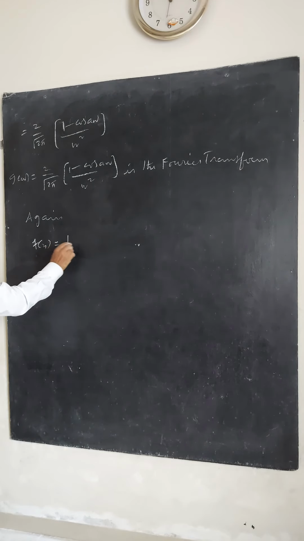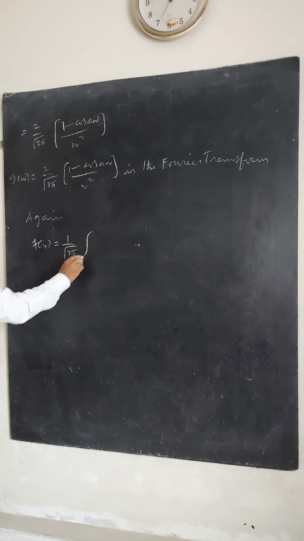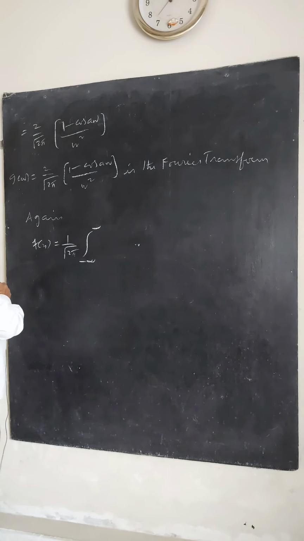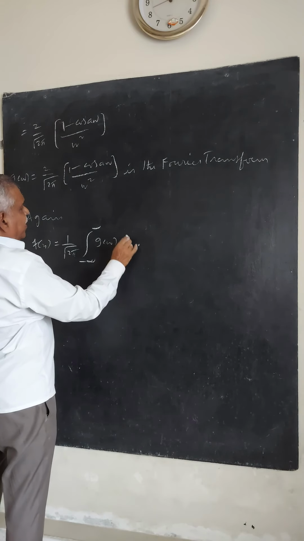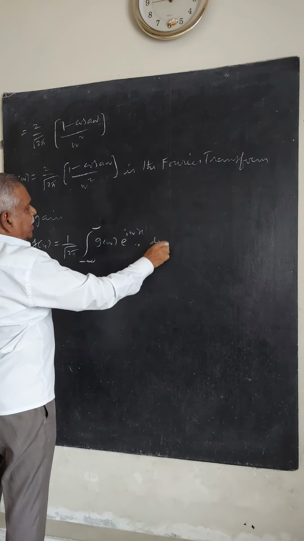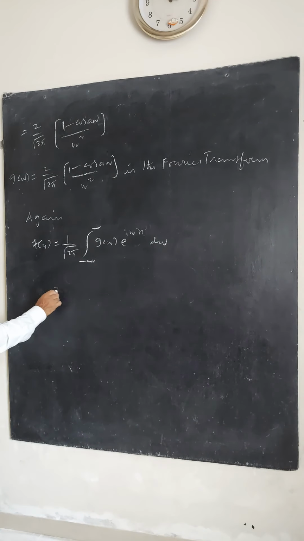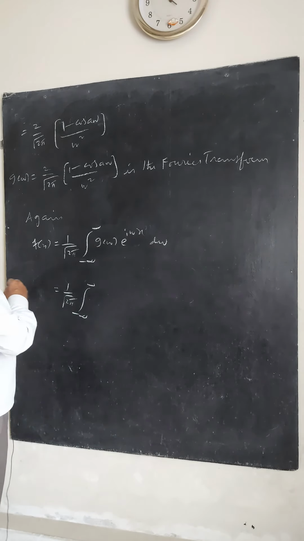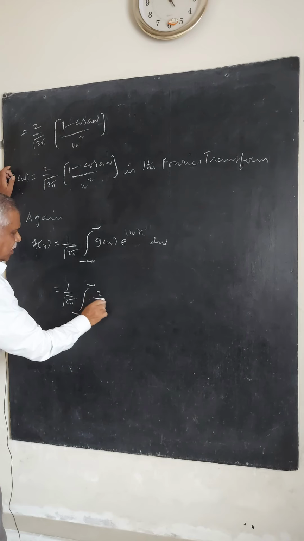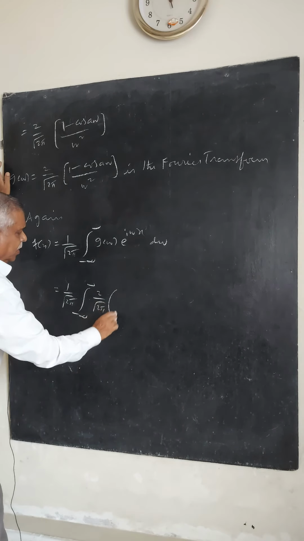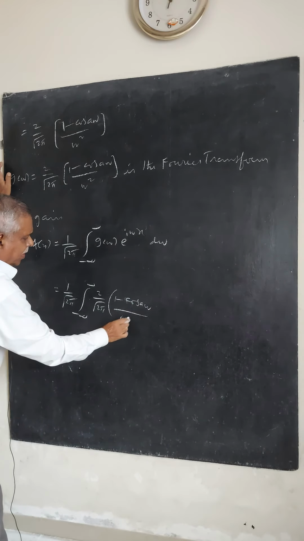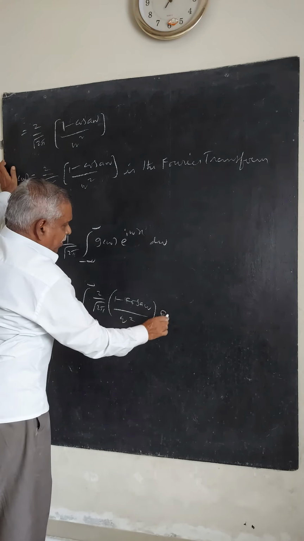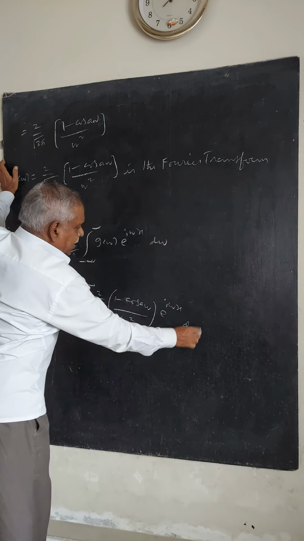f of x equal to 1 by root of 2 pi, integral from minus to plus infinity, g of omega e power i omega x d omega. 1 by root of 2 pi, minus to plus infinity, but this is entirely g of omega, 2 by root of 2 pi (1 minus cos a omega) by omega square e power i omega x d omega.